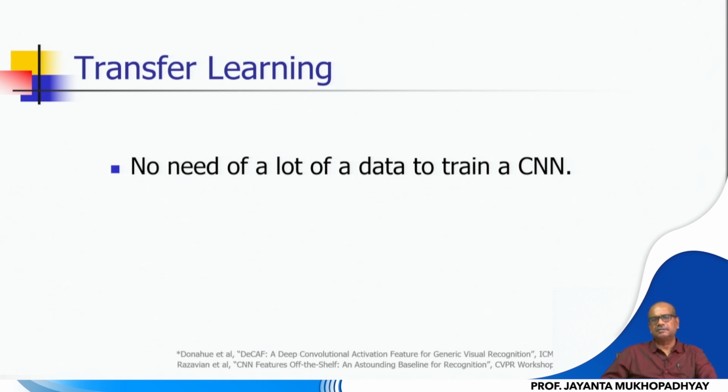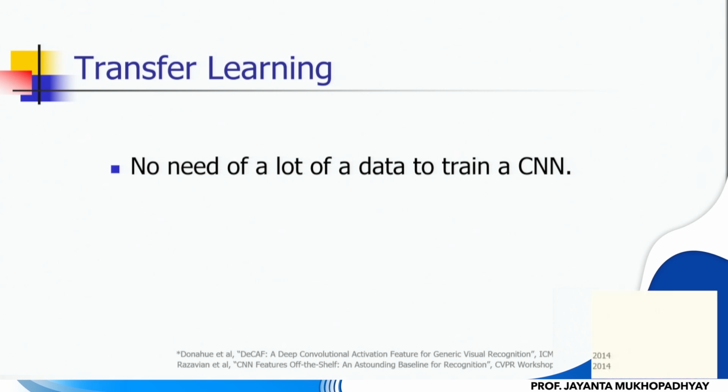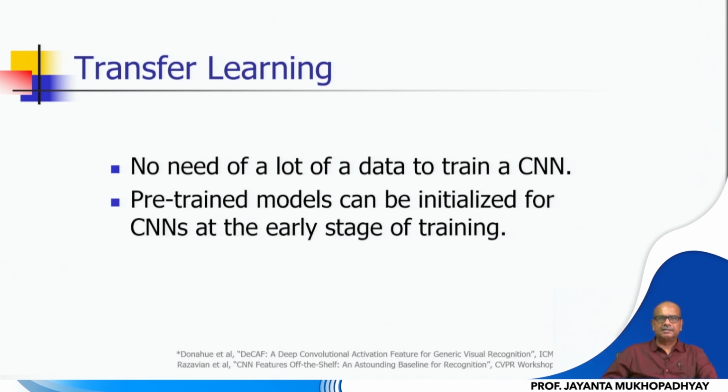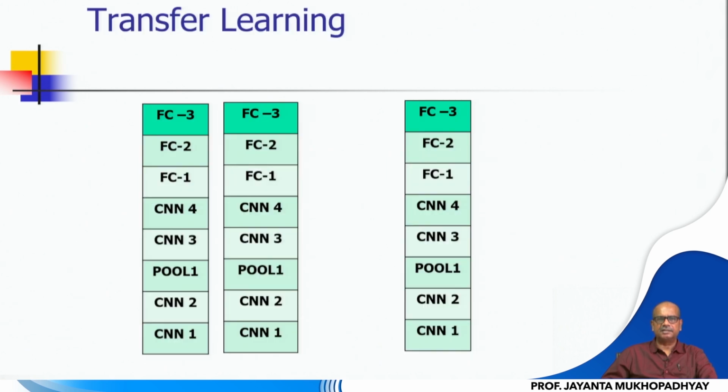Since you are transferring the learning from one domain to another domain, we call it transfer learning. So, pre-trained models can be initialized, as we mentioned, for CNNs at the early stage of training. Just to give one example, you see that these are copies of the same network architecture.